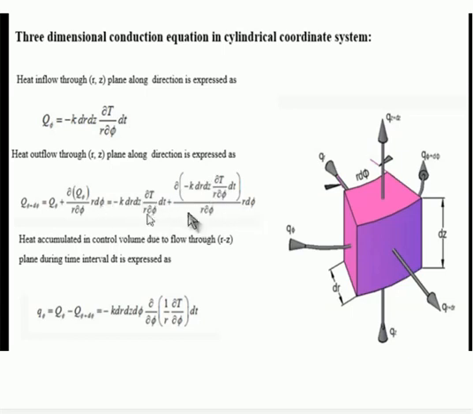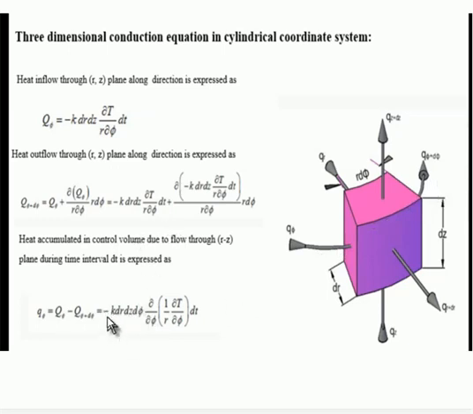Heat accumulated in the control volume due to the flow through the rz plane: how much heat is accumulated? That is given by Q phi minus Q phi plus d phi, which we already know. This minus this gives the heat accumulated in the rz plane direction. We substitute and simplify.